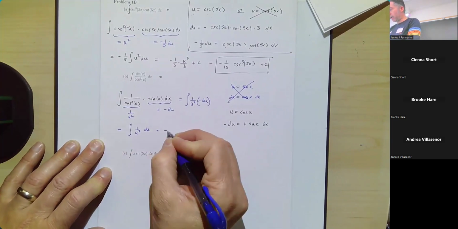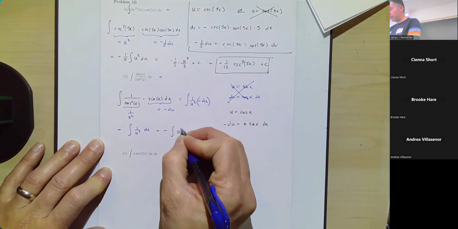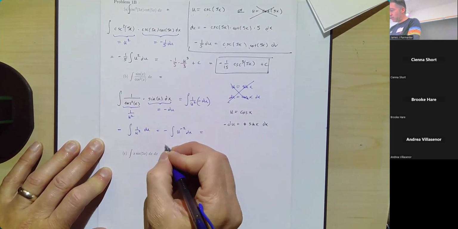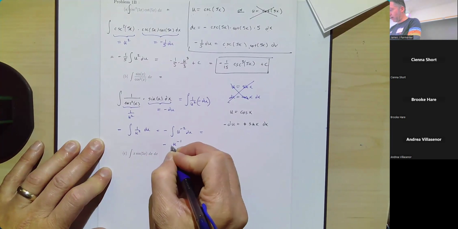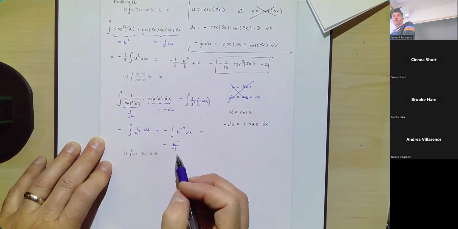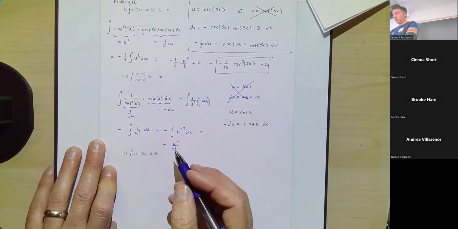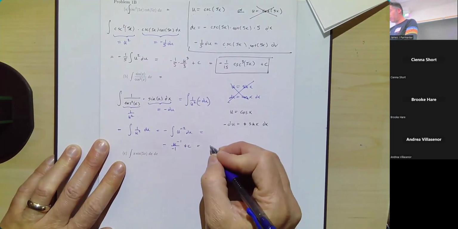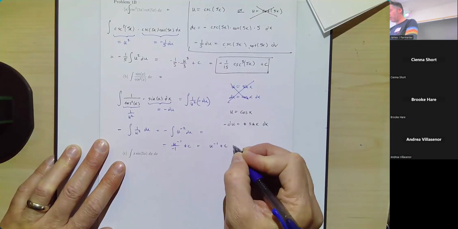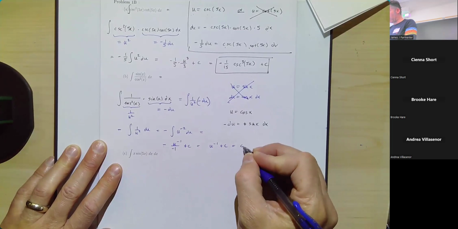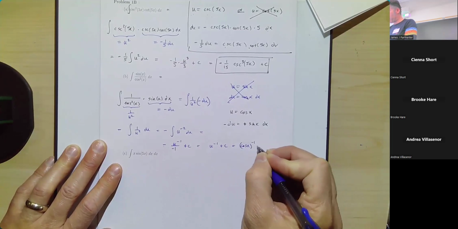Or negative integral of u to the negative second, which is going to give me negative u to the negative first divided by negative 1. The negative out in front and the negative 1 you're dividing by cancel out, and you're left with, don't forget plus c, u to the negative 1 plus c, which is cosine of x to the negative 1 power plus c.